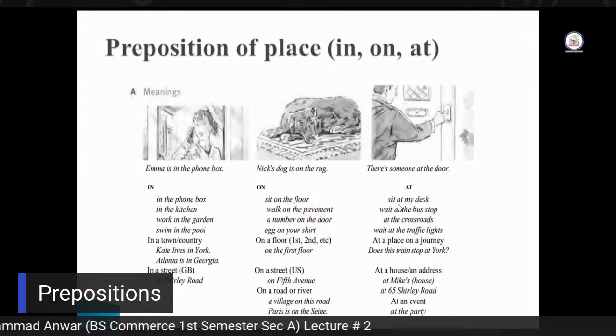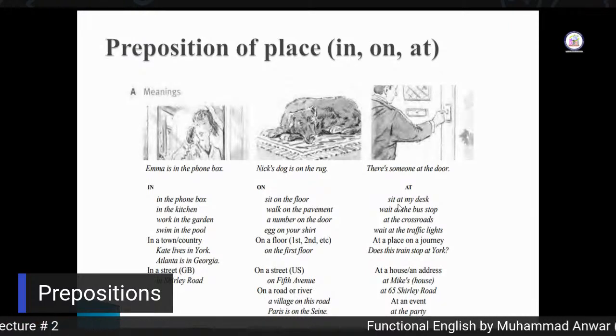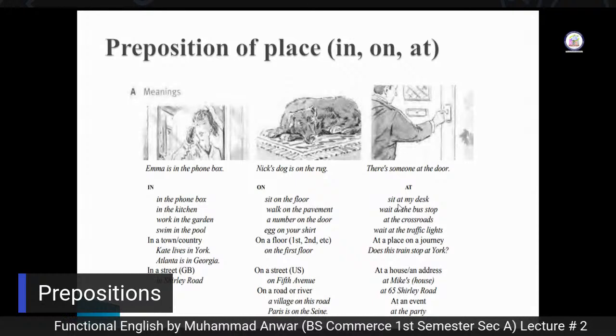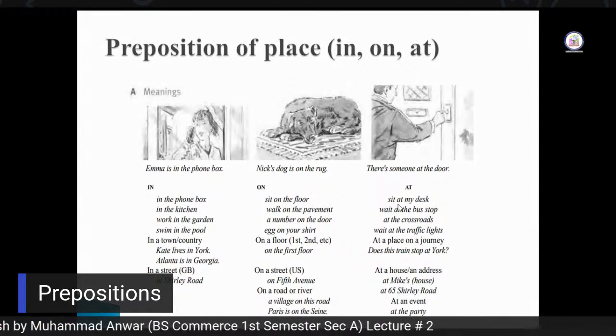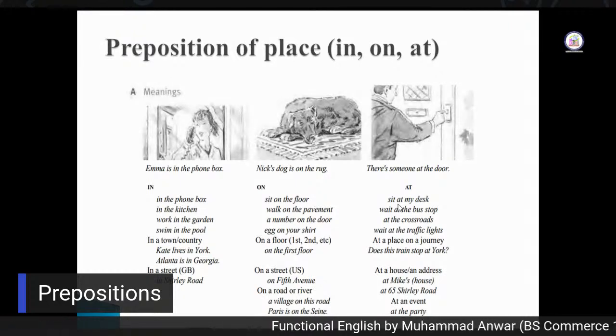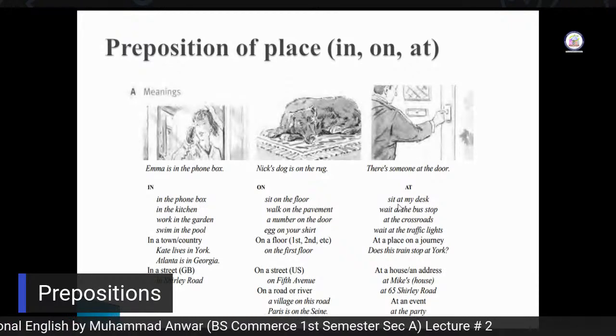Then we also use on before floors, like on the first floor, on the second floor, on the third floor. On we also use before a street, on Fifth Avenue, on a road, on a river, a village on this road, Paris is on Seine.